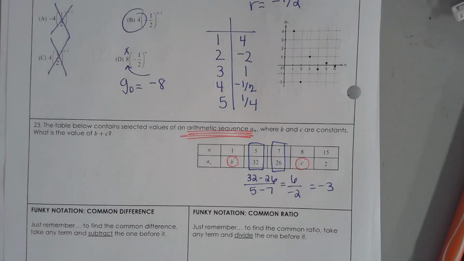If you have any 2 points, I didn't have to pick out the 5 and 7, but because I know it's arithmetic, I know there's a common difference. So pick out 2 points, find the slope, because the difference is the slope.